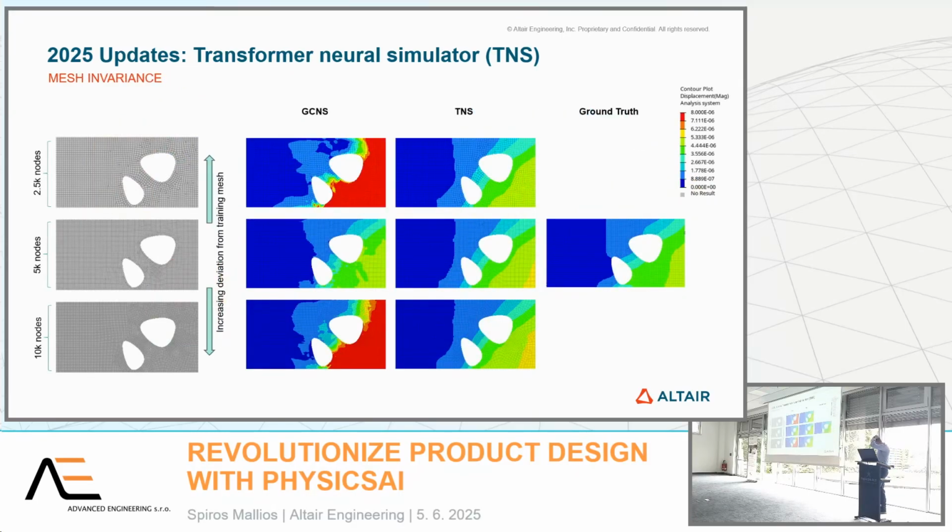And what I would say is the biggest benefit of this new architecture is that it's quite insensitive to the mesh, to the coarseness of mesh. So here is a comparison between the previous architecture and the new architecture of PhysicsAI.